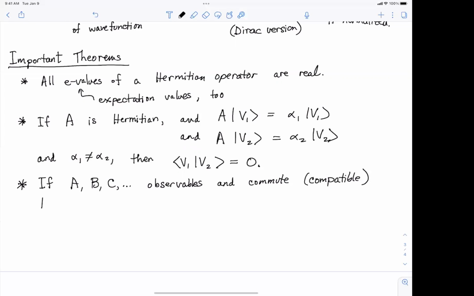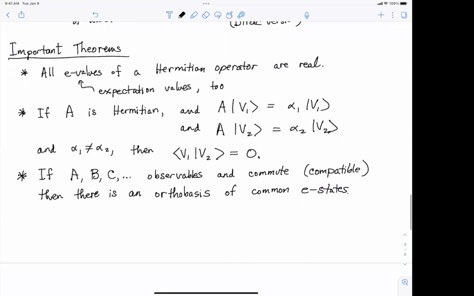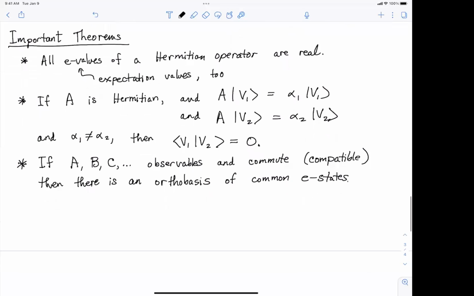Then there is an orthobasis of common eigenstates. In other words, eigenstates that are simultaneously eigenstates of all those operators, and they form a basis.